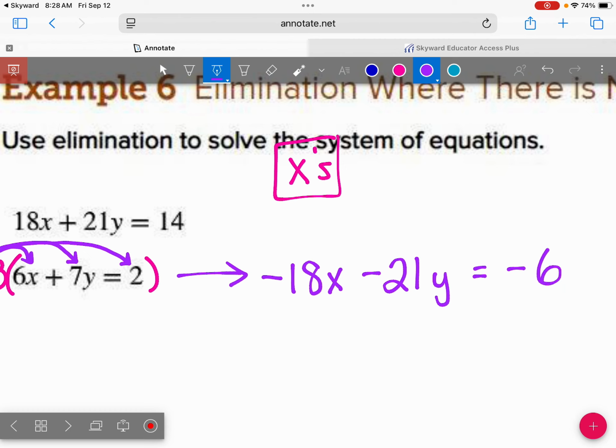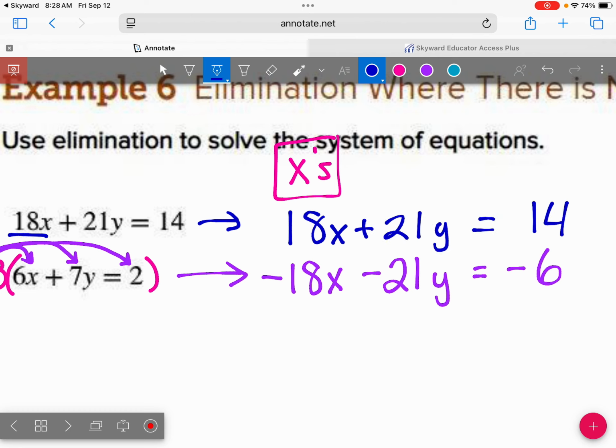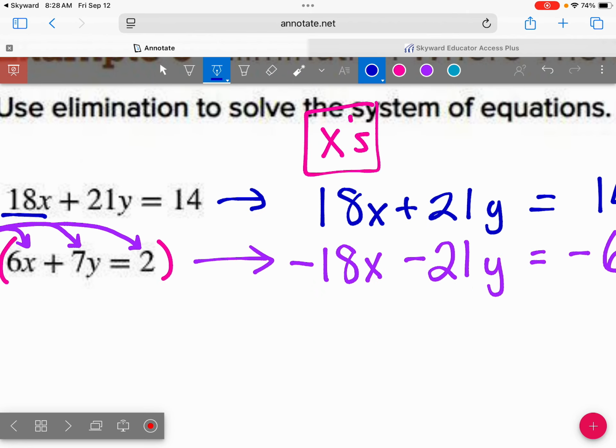The whole equation, the whole way across. The top equation already has an 18x, so I'm just going to rewrite this over here. Not changing a thing. It gets them lined up, and it puts them in the middle of the screen instead of against the wall.